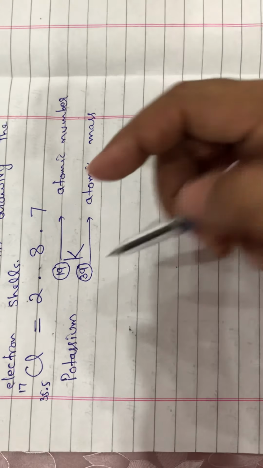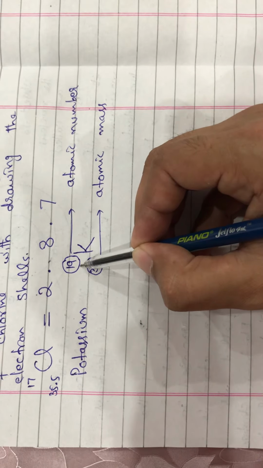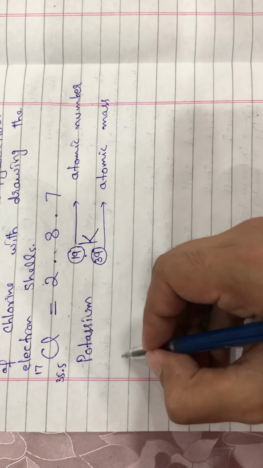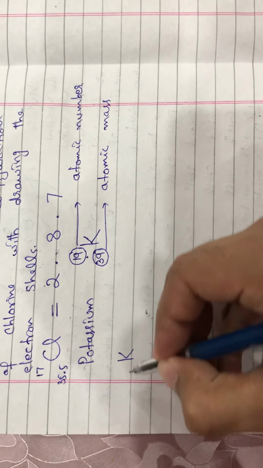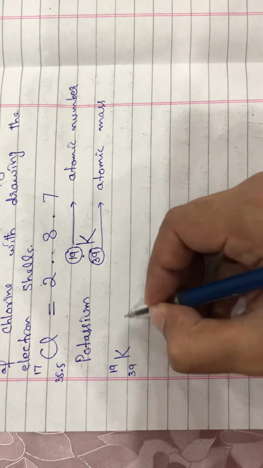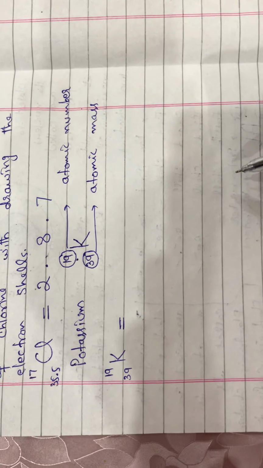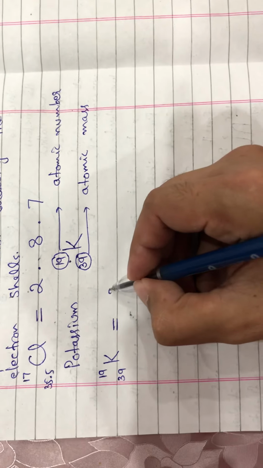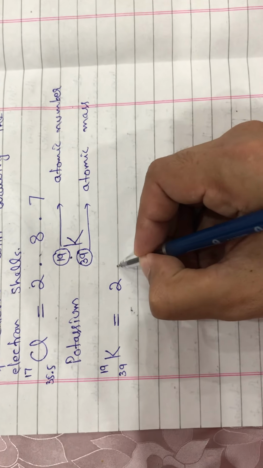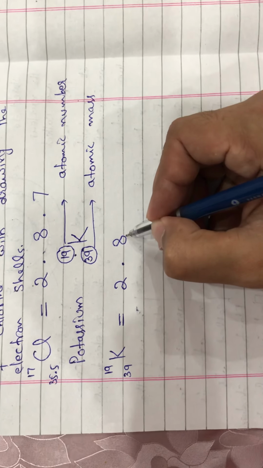How many electrons do we have in a potassium atom? 19 electrons. So we are writing first the electronic configuration and then the electronic structure. Let's start with the electronic configuration. As you are all aware, the first shell contains 2 electrons, the second shell 8 electrons, 2 plus 8 is 10.